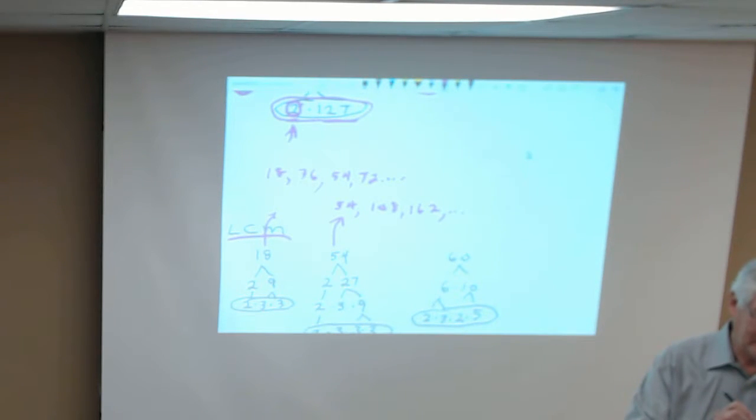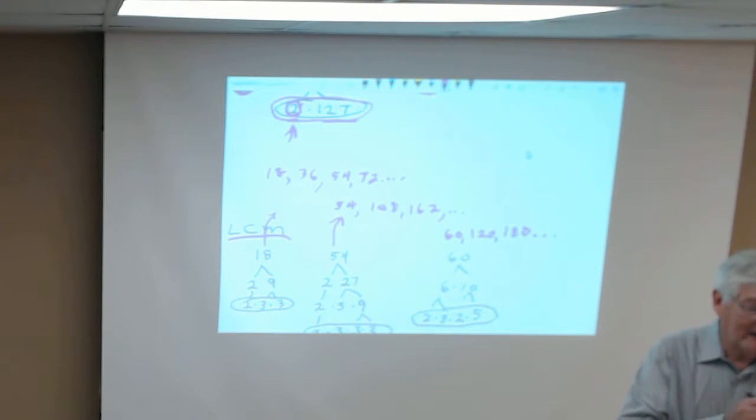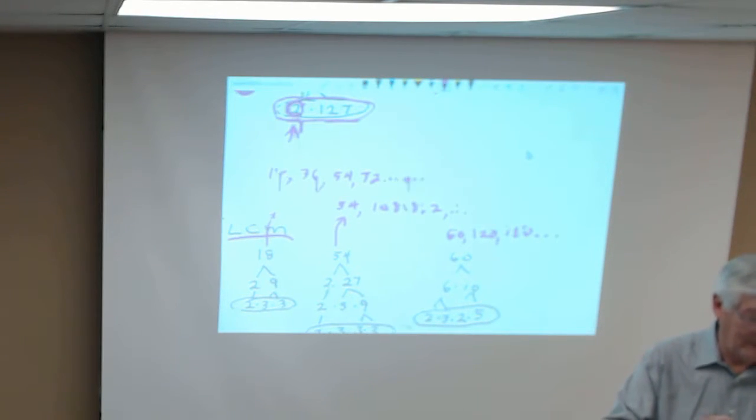I start out with 60, then 2 times 60 is 120, and 3 times 60 is 180. I just keep going. I could list them all out until I found the same number that appeared in both lists, and that would be the least common multiple. But I can use trees to find out what that number is.